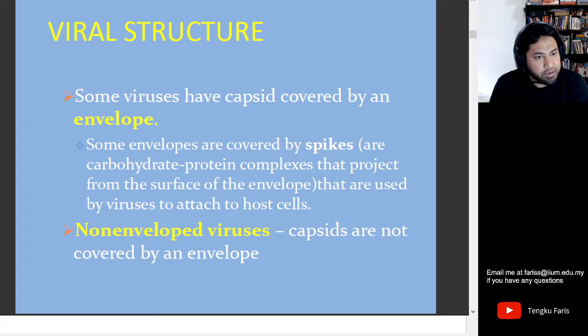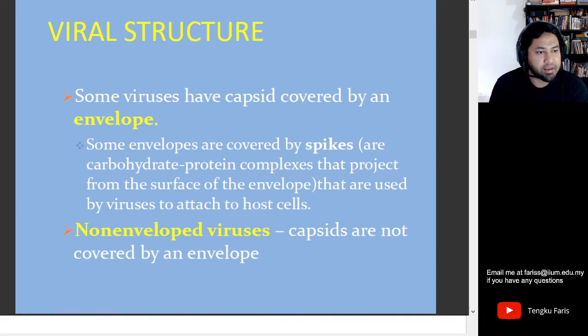Spikes are carbohydrate plus protein complexes that project from the surface of the envelope. They are used by the virus to attach to the host cell. It's like a hook, like a glue that can attach.